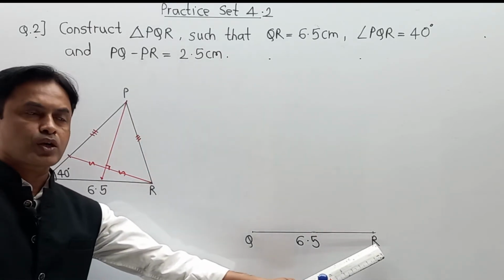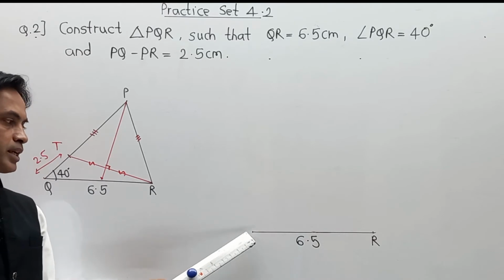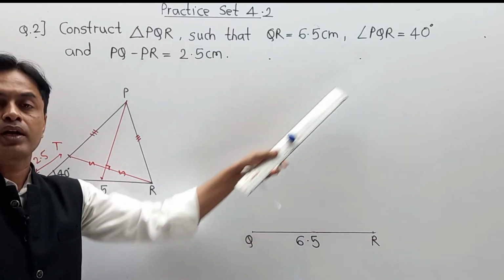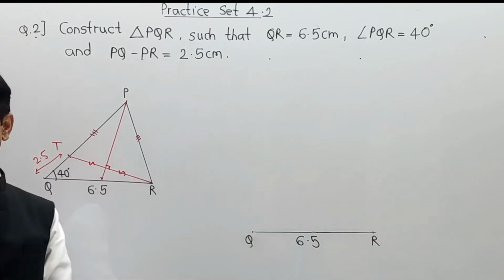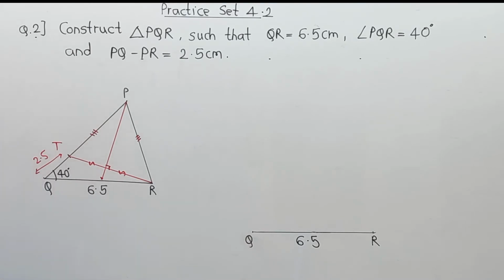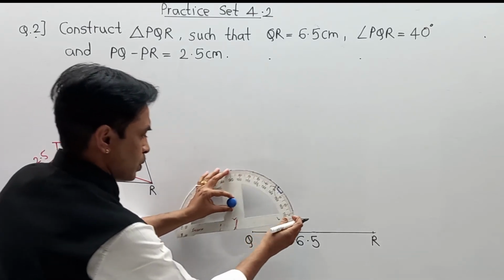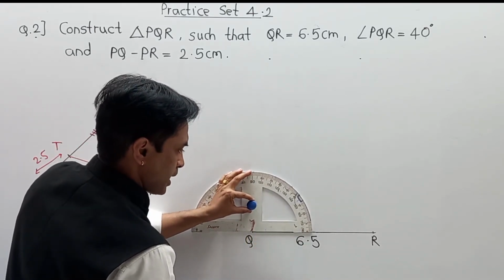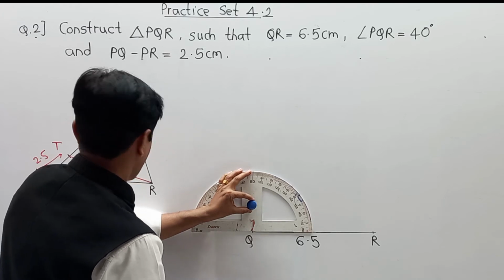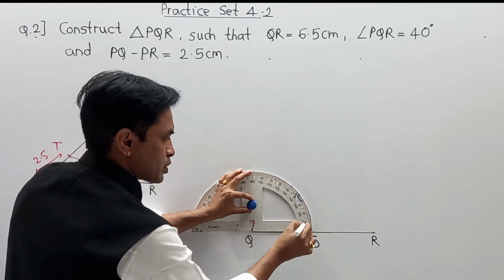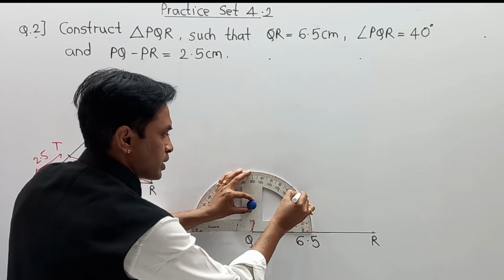Now after drawing QR, our second intention is that we have to draw a ray or a line which makes an angle of 40 degree. So completing that part over here, we are going to take the compass, and with the help of that we are going to take an angle of 40 degree. So 10, 20, 30, 40.